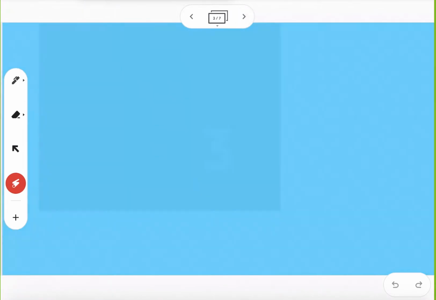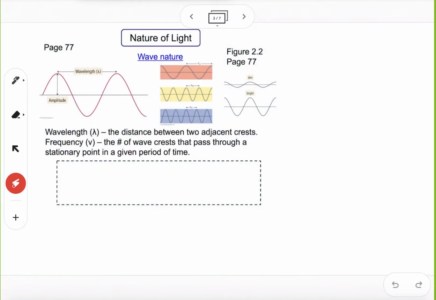All right. Now let's talk about the wave nature of light. First, let's discuss what a wave looks like. If you go to the beach, you will probably see ocean waves. So a wave has two features.